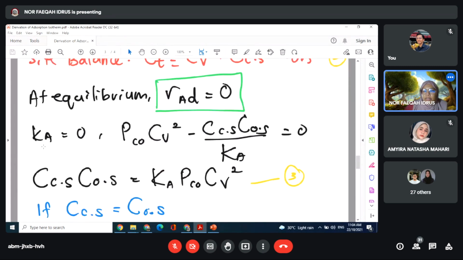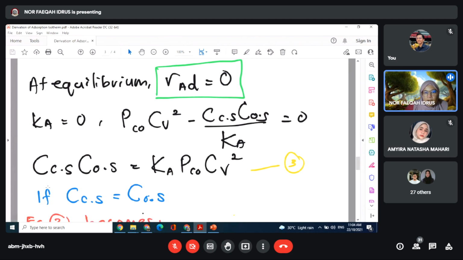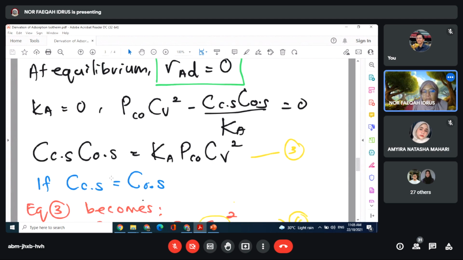Okay, and then rearrange for the adsorbed species. In this case, we have 2 adsorbed species, C.S and O.S. So rearranging, we can get this equation, Ka PCO CV square. Now until this step, how do we solve it? Because we have 2 adsorbed species, C.S and O.S, so let's say we assume that the concentrations of both species, C.S and O.S, are equal to each other.